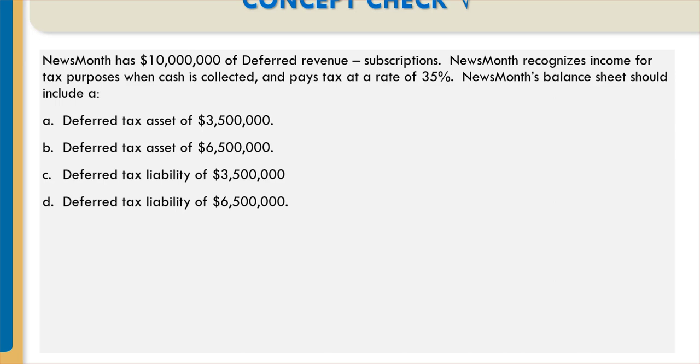In previous problems, they've said it's a deferred tax liability, and then they say, what's the number? Or they say it's a deferred tax asset, and what's the number? And here, you really need to kind of look at it as a setup issue. So in the top line where you have pre-tax accounting income, should they show any income for these subscriptions? Okay. How about for the taxable income?